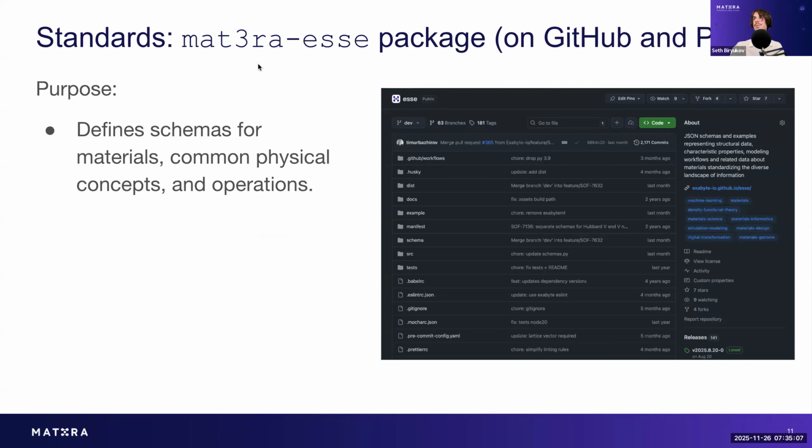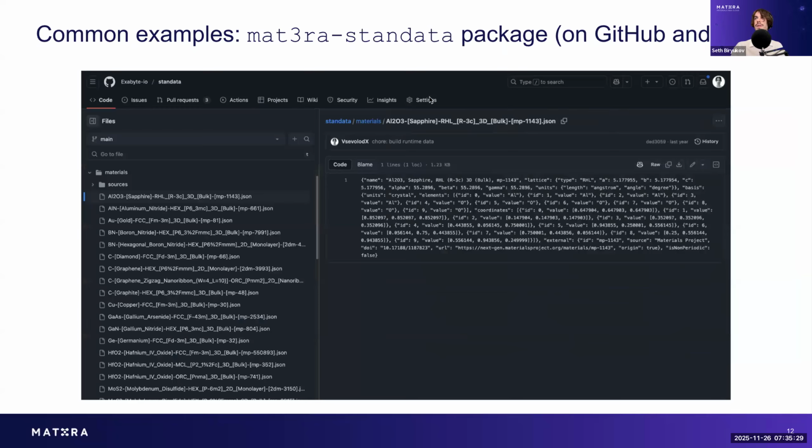So the first one is the Mat3ra ESSE package, available on GitHub and PyPI. For materials, it defines schemas for their structure, common physical concepts, and operations. So all of the definitions for surfaces, point defects, etc., are defined here. Then next one is the examples of the data.